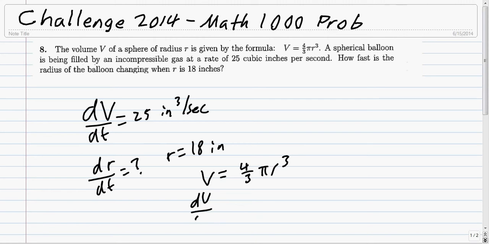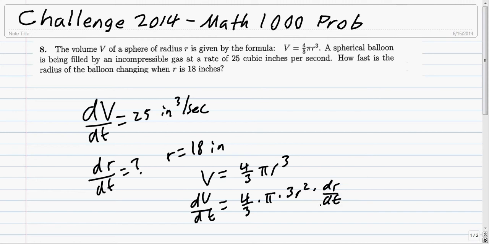So differentiating this formula with respect to time will give us 4/3 times pi times the derivative of r cubed, which is 3r squared times dr over dt.